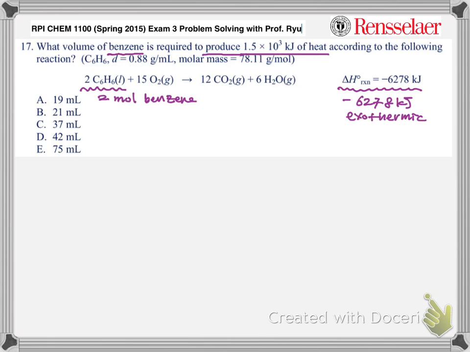So now the question is, this amount of heat was produced when you react with a benzene. So I can draw this simple analogy. So 6278 kilojoules are produced, right? It's a ratio relationship when you're having 2 moles of benzene reacted, right?